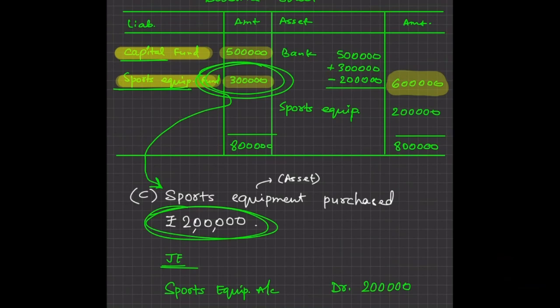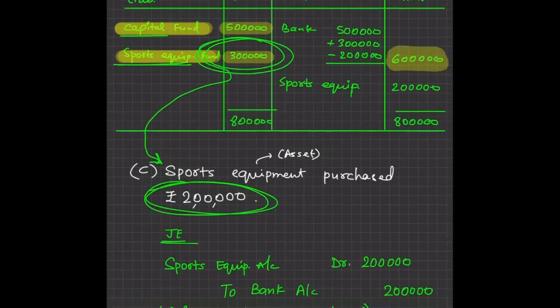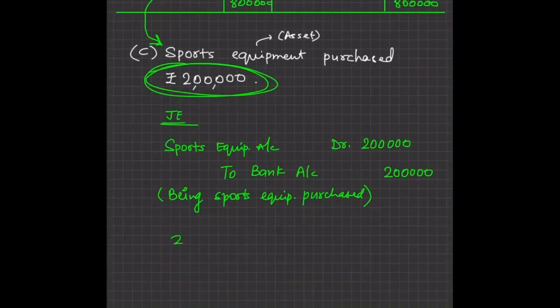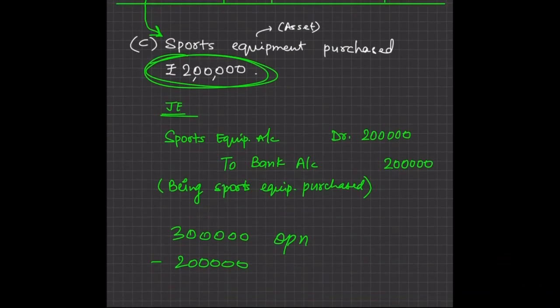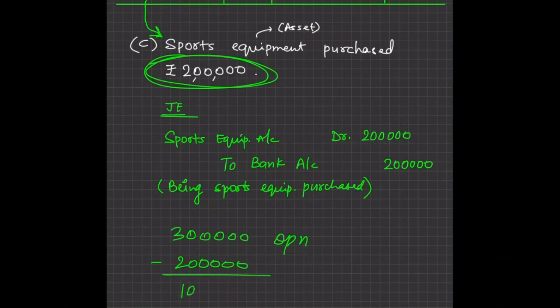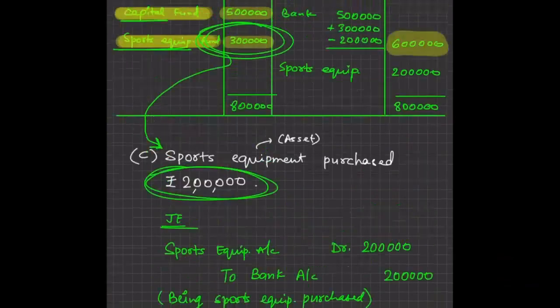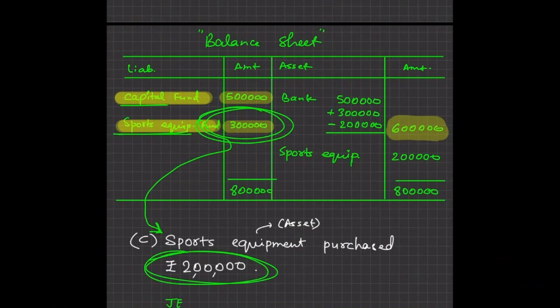Now, how much balance should be left in the sports equipment fund? So 3 lakh was the opening balance, let's say, and I have purchased the sports equipment of 2 lakhs. So the balance in the fund should be 1 lakh only. It should be the closing balance of your sports equipment fund.